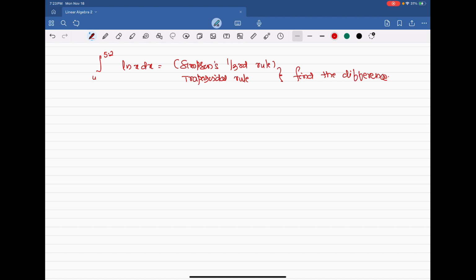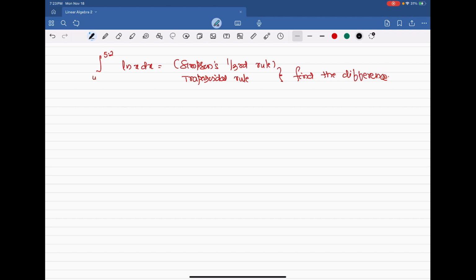I have taken only the value portion of it, not everything. Simpson's 1/3 rule, trapezoidal rule, and finding the difference, I made it a little bit complicated, so that if you solve complicated problems together, you can easily understand the procedure, and whatever tough problem comes in the GATE examination, you will be able to solve it very easily.